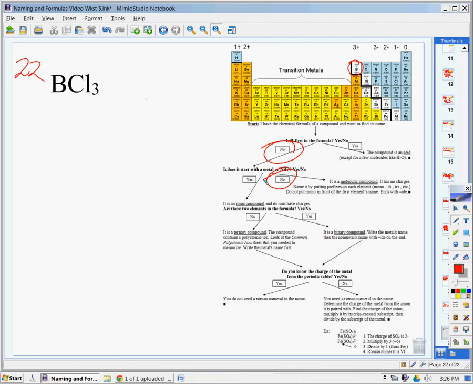If you really want to know what kind of thing this is, you got to look up the electronegativities and do it that way. But I think we can be pretty safe naming in a molecular fashion here. So that means we need prefixes. We need to put tri for the 3, and we need to end with an ide. And so this is boron trichloride.